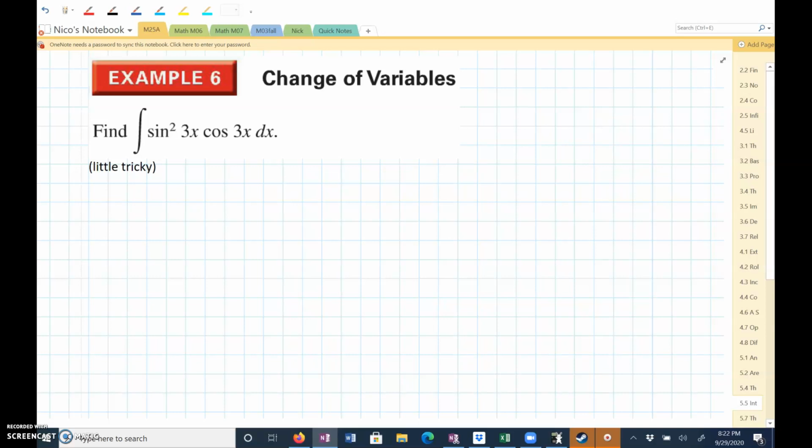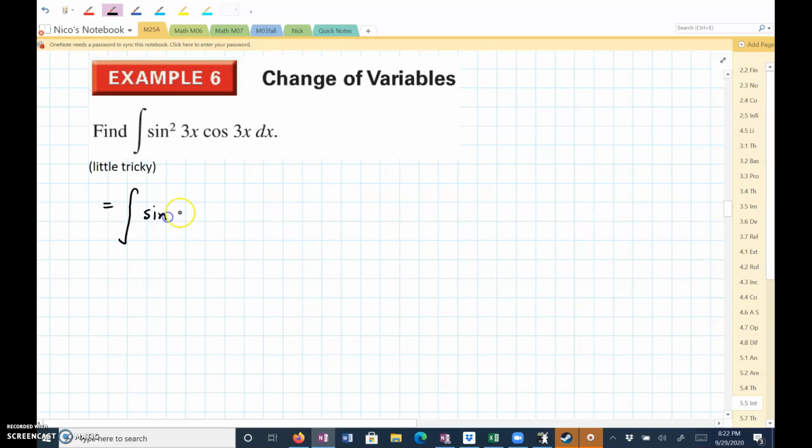Example 6, find the integral of sine squared 3x cosine 3x dx. Think of this integral written this way: sine 3x squared times cosine 3x dx.